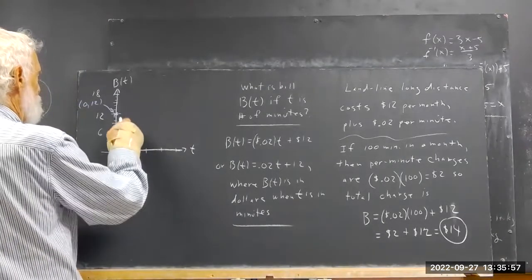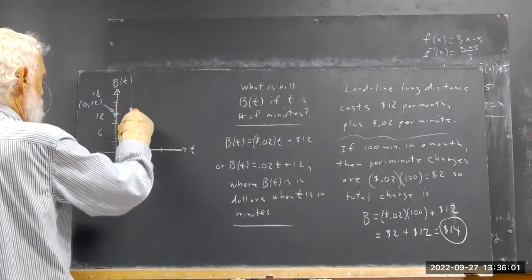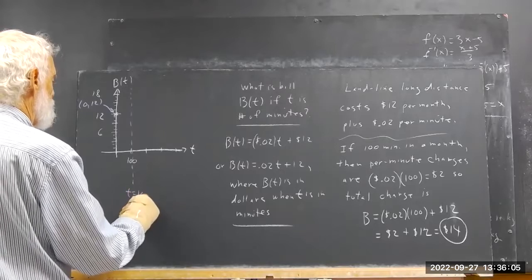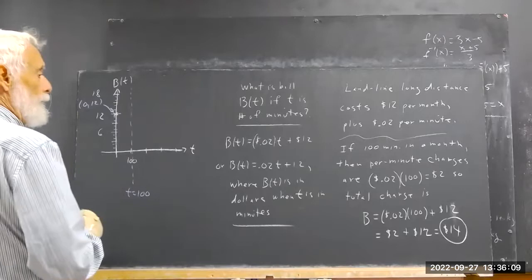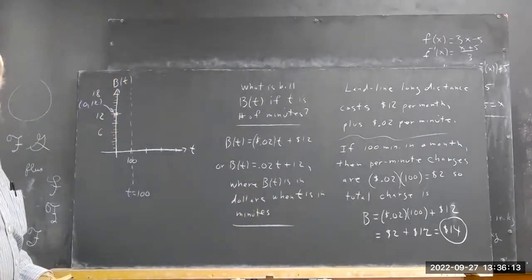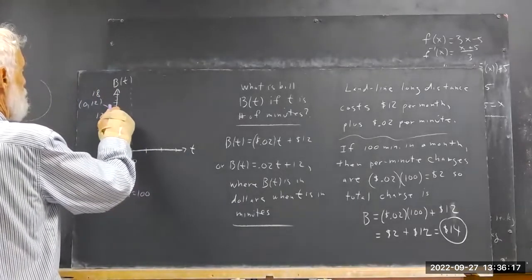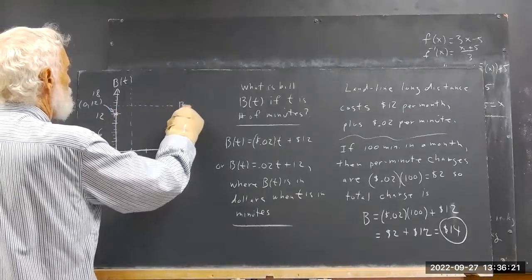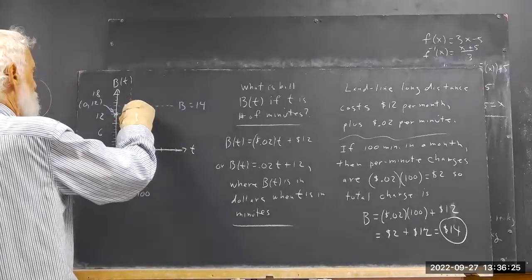So if we have 100, then everywhere on this line equals 100. Now, how much does it cost? Well, it costs $14, right? So when T is 100, B of T is $14. So 14 is right here. So now I've got another point on the graph.